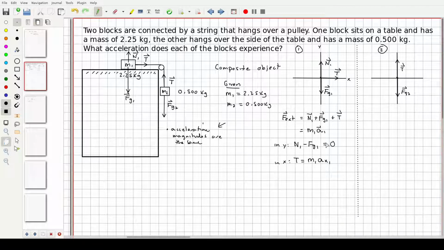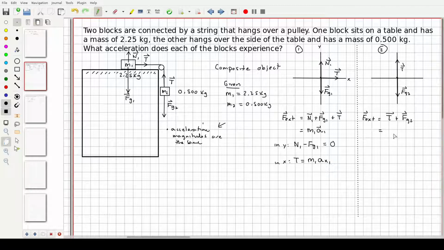Now, let's take a look at number 2. If you look at all of the forces that are acting on number 2, you have a tension and you have the force due to gravity, its weight. Now, these again are most definitely not going to add up to give you 0, because number 2 is going to accelerate downwards.